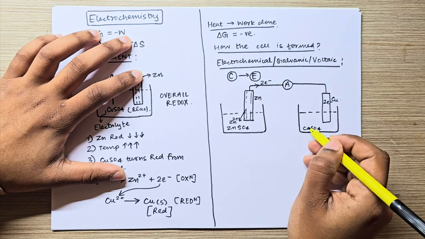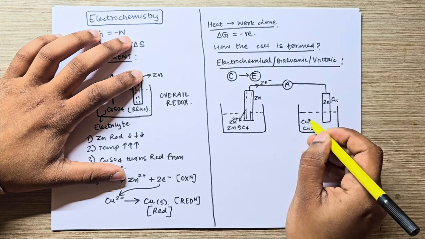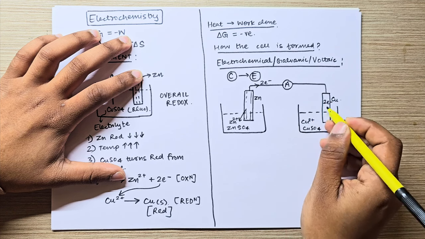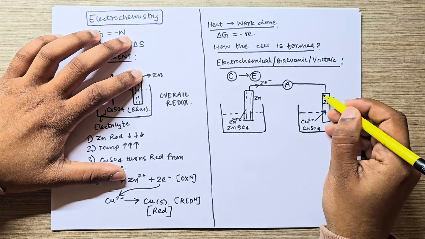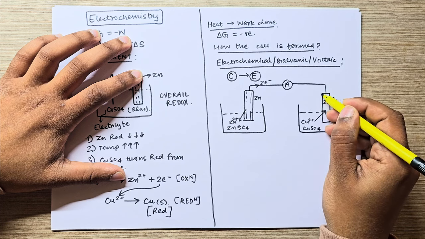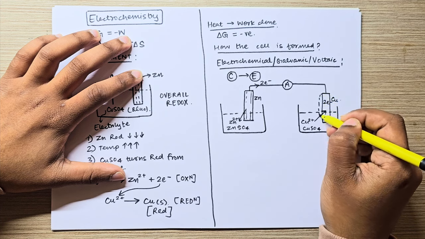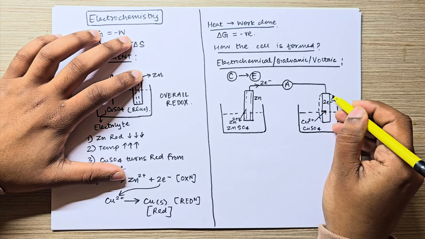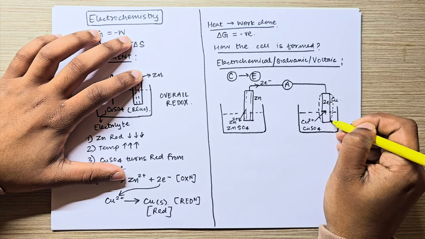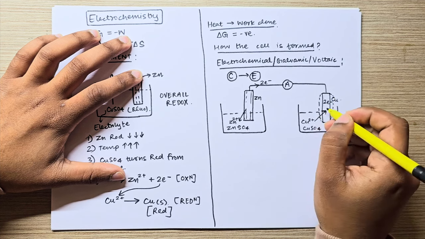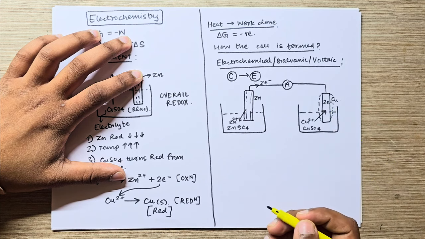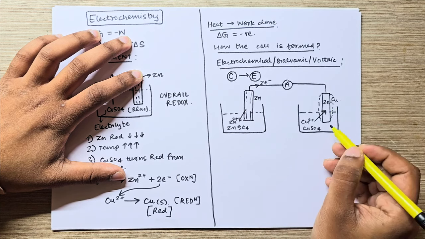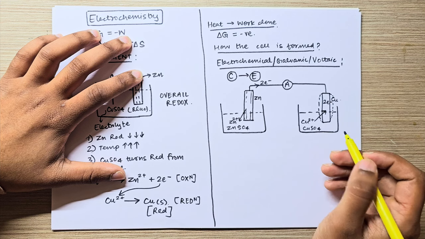In this solution, Cu2+ ions are there, and they accept these two electrons. After some time you will see that this electrode becomes thick, because copper ions are deposited due to the addition of electrons, and addition of electrons is nothing but reduction.